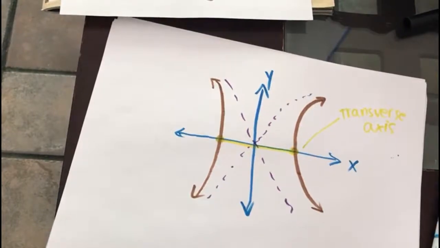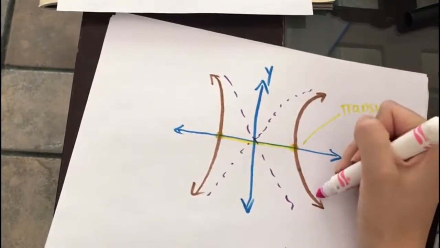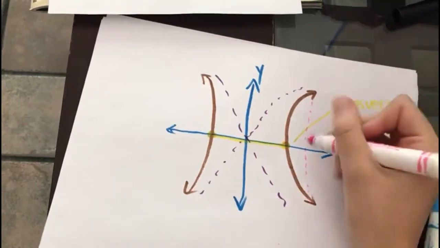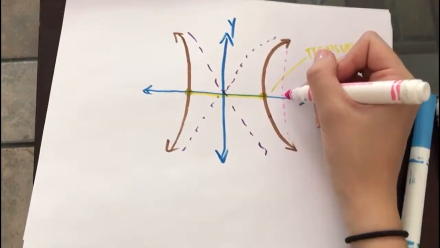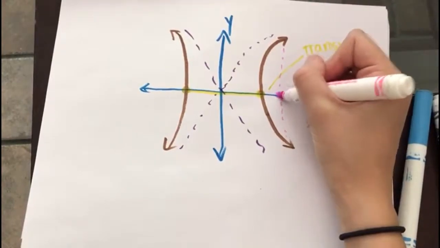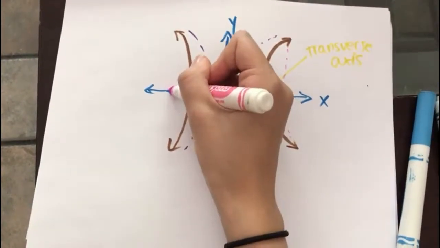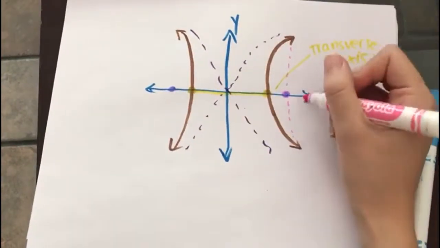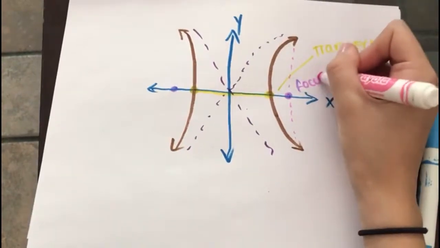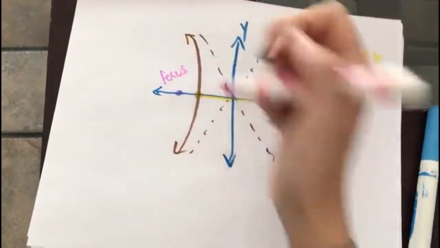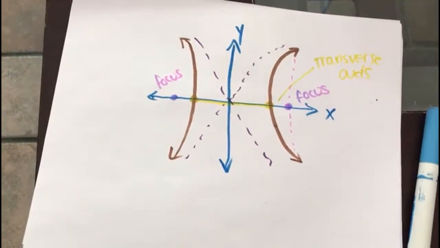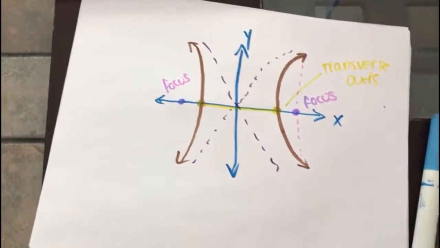There are two points in the middle of the two curves, called foci.